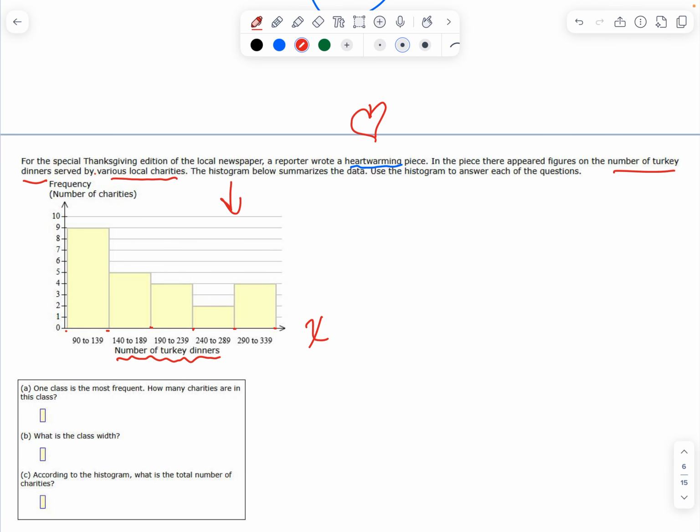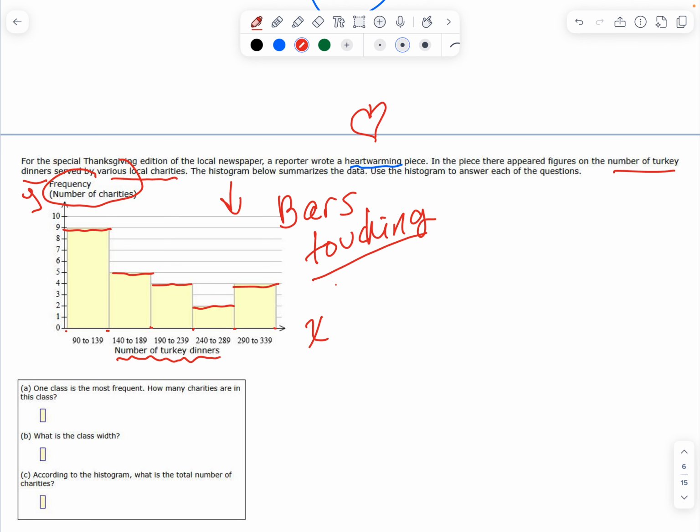And then the number of charities is on your y-axis, so you can see what each one of them goes up to. We know this is a histogram because the bars are touching and we're working with numerical data.